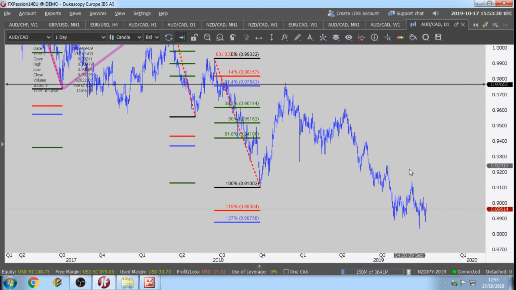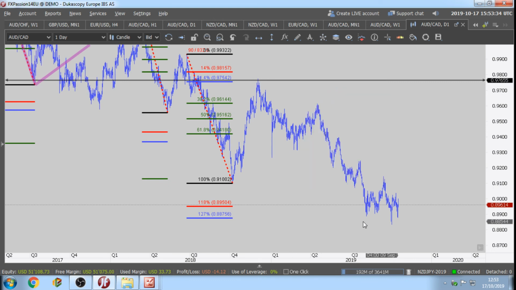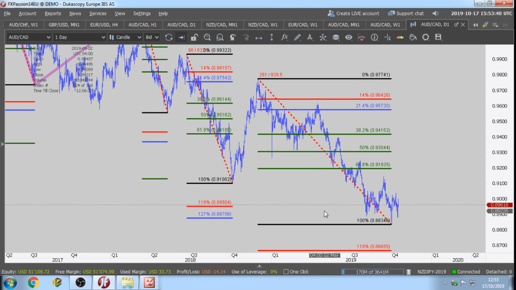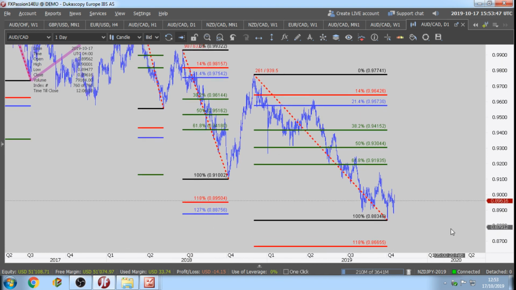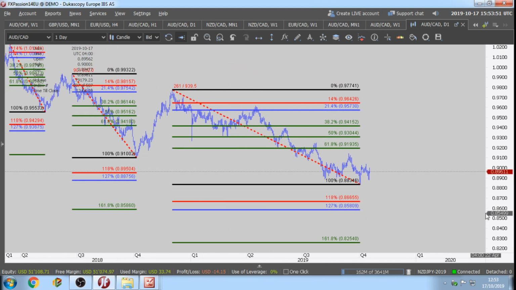And the market hit the extension. Blue goes to blue, and this is the latest Fibonacci on the AUD CAD daily chart, if I didn't make any mistakes, of course. Okay, this is the latest Fibonacci on the daily chart.